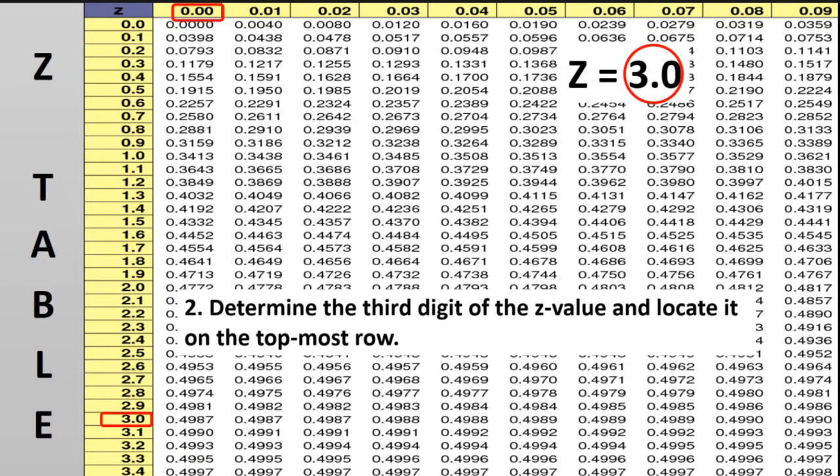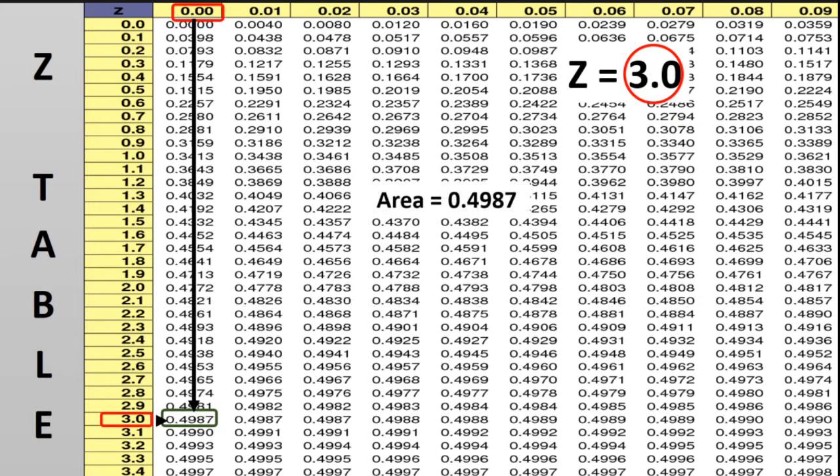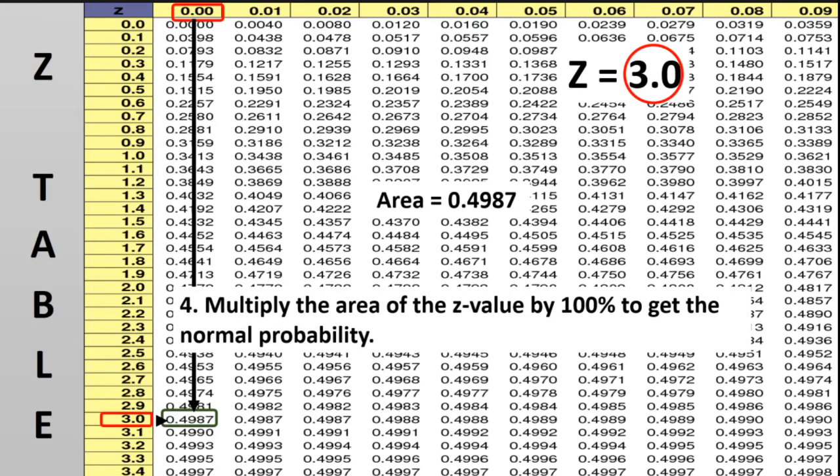Now, the intersection of the values from step 1 and step 2 is 0.4987. This is already your area. Then multiplying it by 100%, the normal probability is 49.87%.